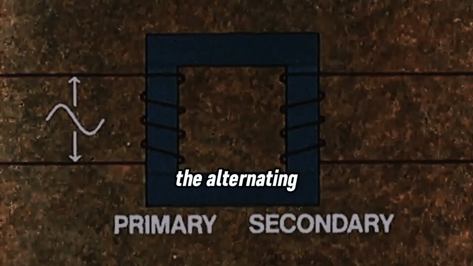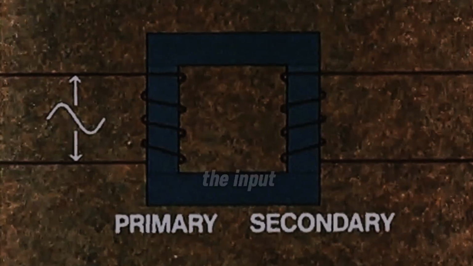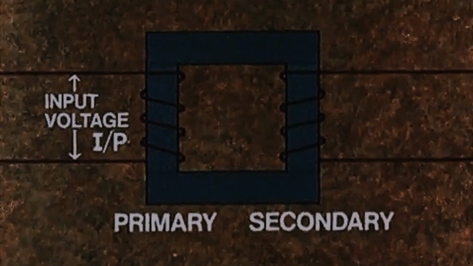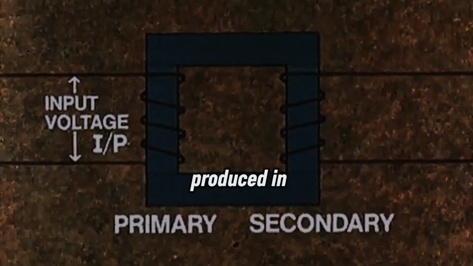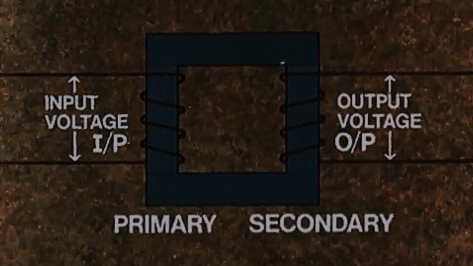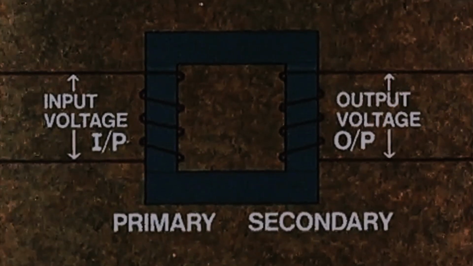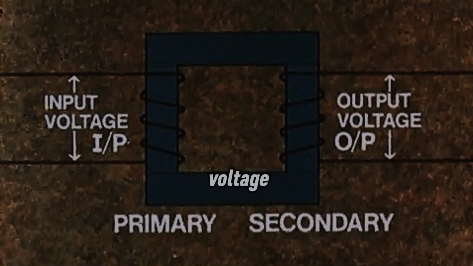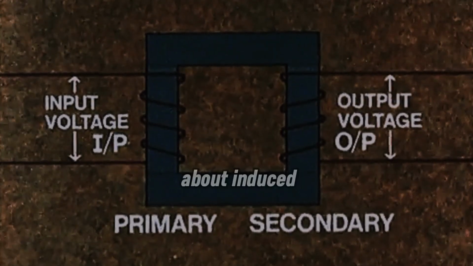The alternating voltage applied to the primary coil is the input voltage, IP. And the alternating voltage produced in the secondary is the output voltage, OP.